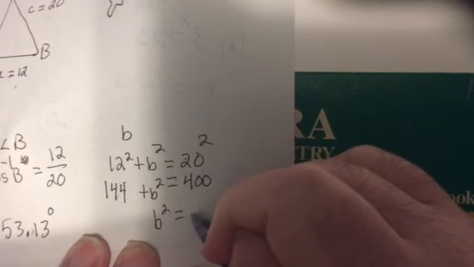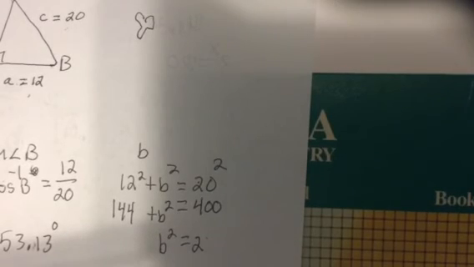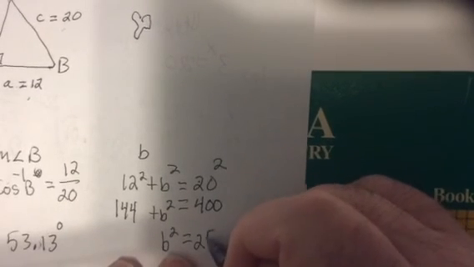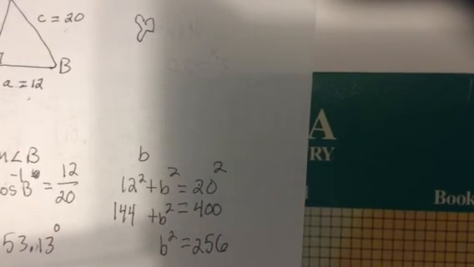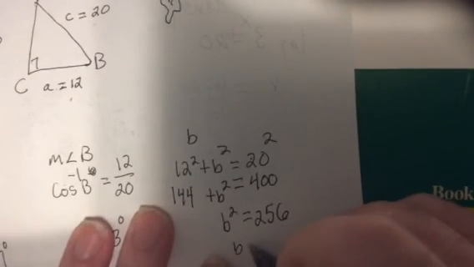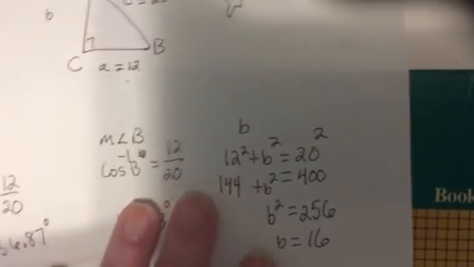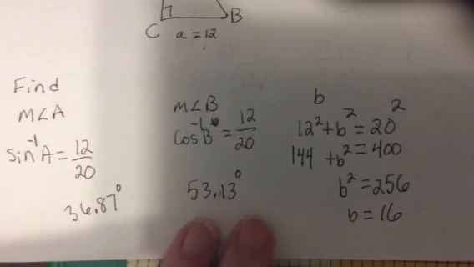You get 256. Then take the square root of 256, and it's 16. Now, not plus or minus 16 because it's a distance. So hopefully you got that right.